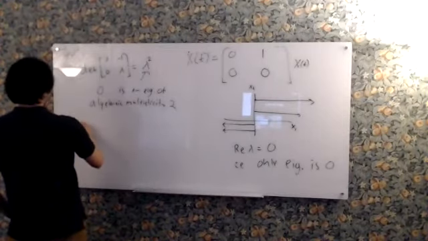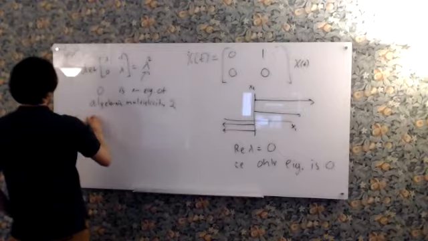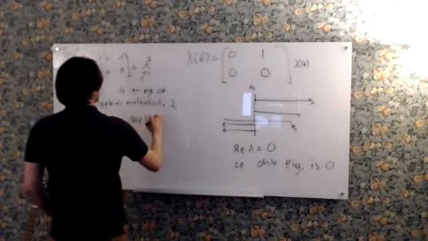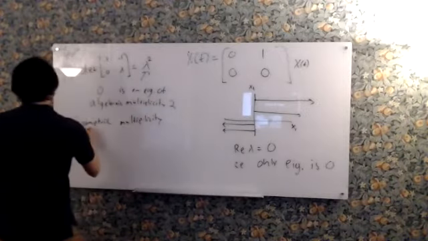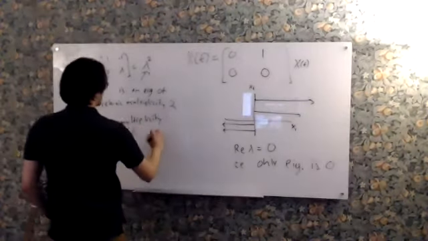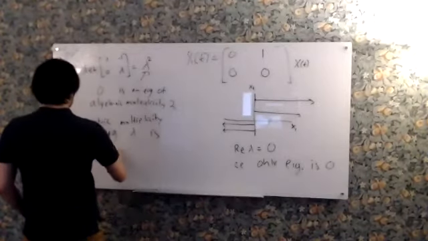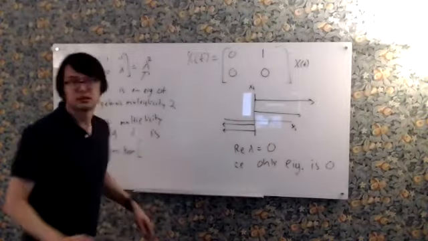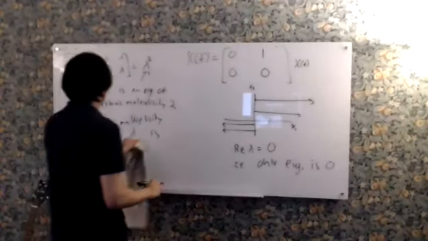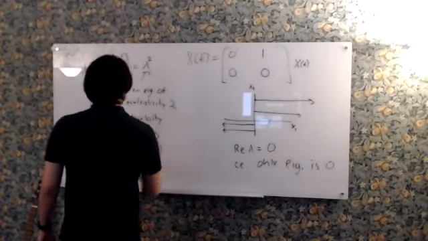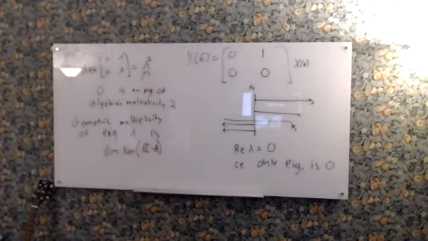The geometric multiplicity of an eigenvalue lambda is the dimension of the kernel of lambda I minus A. So it's the dimension of that null space.